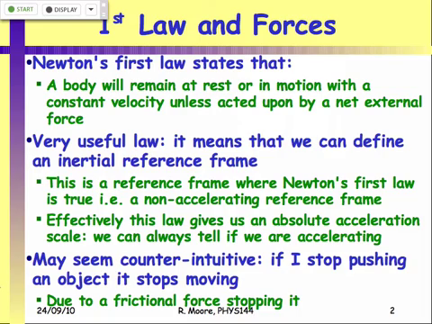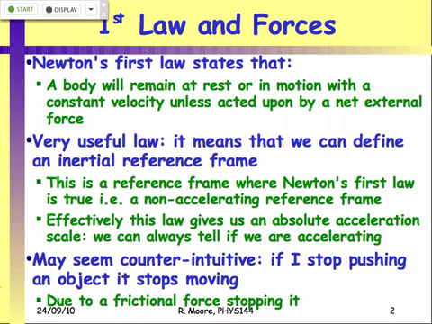They put it in a situation where there's no net external force, and look at whether it accelerates. If it doesn't accelerate, they know they're in an inertial reference frame because Newton's first law holds. So it's a very useful law in terms of defining a non-accelerating reference frame.